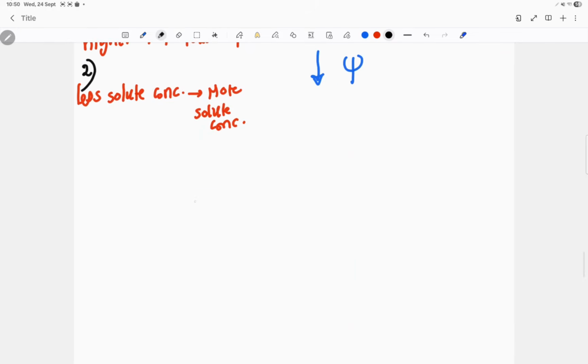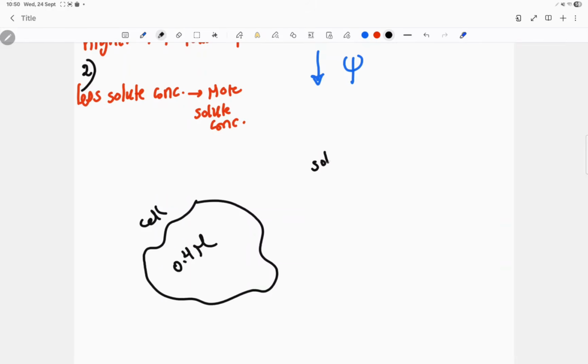So, if I have here a cell and the cell's concentration is 0.4, but the solution's concentration outside the cell is 0.6, the water is going to move from the 0.4 to the 0.6.